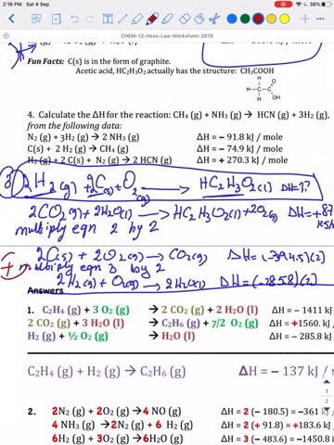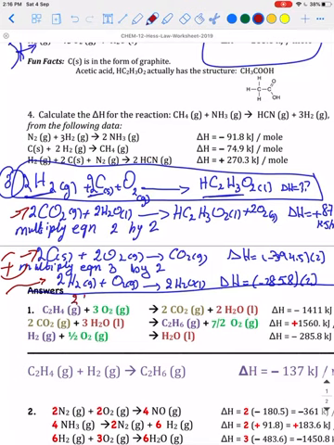I will show you, I will put it for you. Here we have 2 hydrogen. Nothing to add or subtract from these equations. This is the delta H that I need. I am looking at this equation and this equation, and I'm adding them.